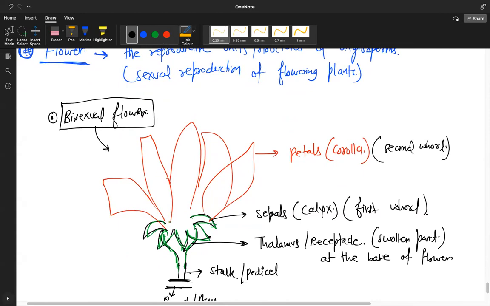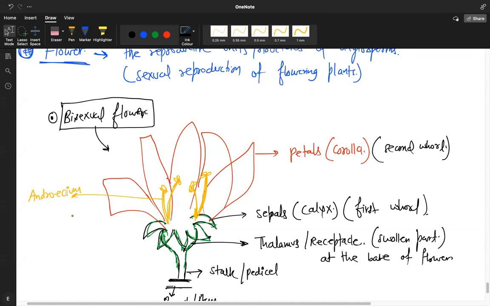So what happens in bisexual flowers is that there are these structures that produce pollen grains, right? So multiple of these structures, right? Yes or no? Yes. So these are called Androecium. The word andro in biology is always associated with males.